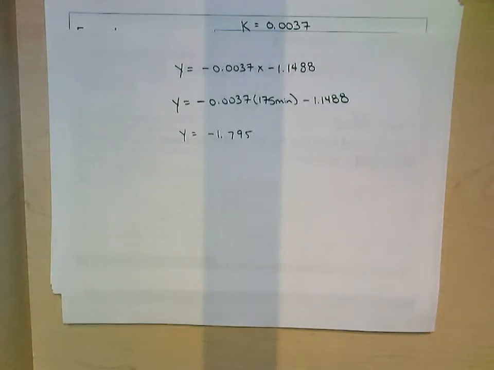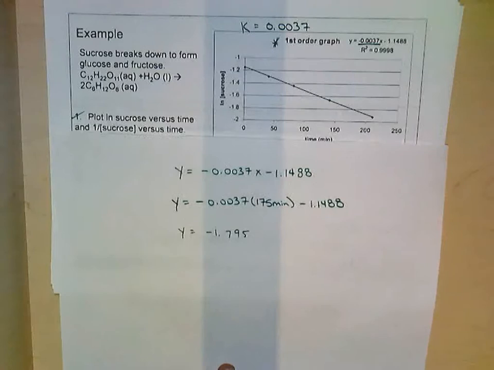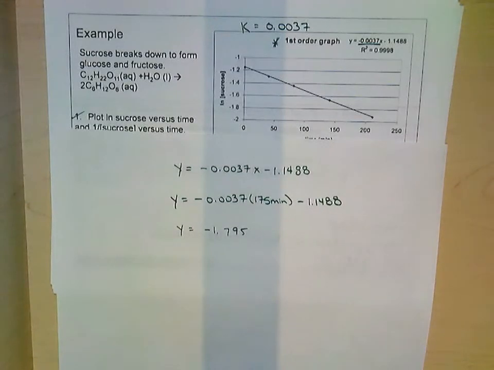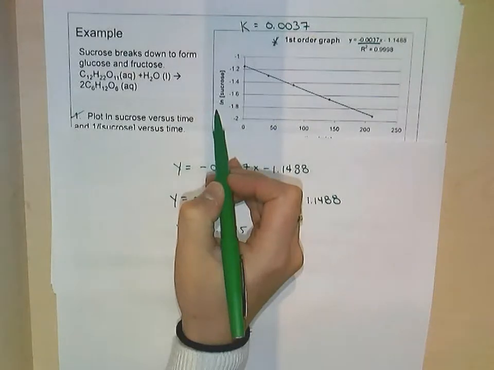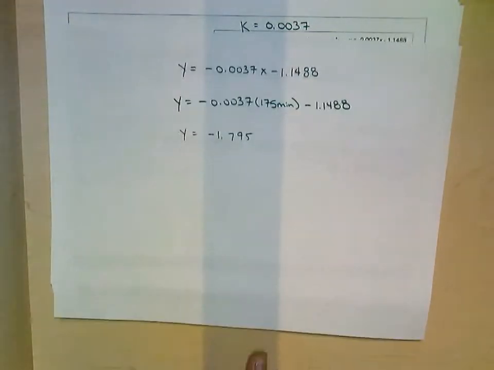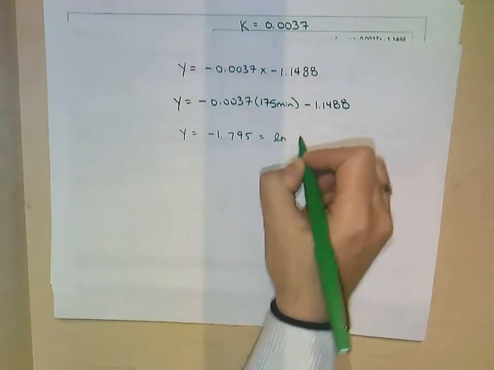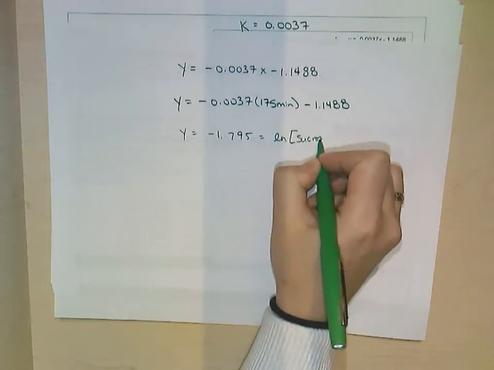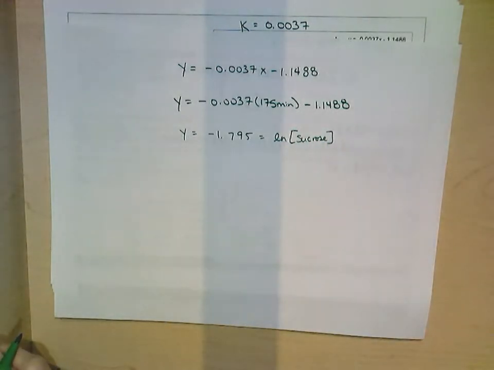What is the y graphed in? Right? The y values are natural log of sucrose, which means that this, so how do I get the sucrose concentration by itself?